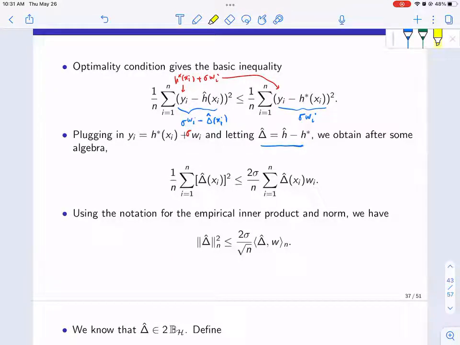I'm going to write it for simplicity as, this is definitely the empirical norm squared. This one for simplicity, I'm going to write as basically 2 over sigma root n, and then put 1 over root n here.